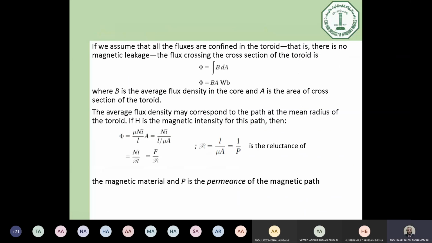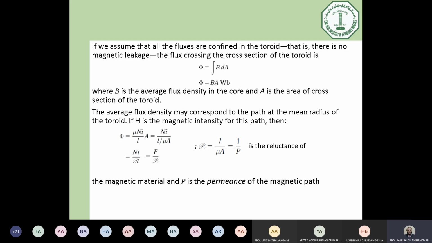But what is the amount of flux? The overall value of flux. Flux can be the multiplication of B with area, or the relation based on a small part of area, it's the integration of B dA.